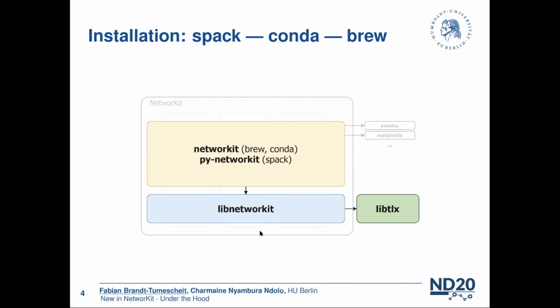So this is the C++ part, dependent on libtlx. Both are automatically installed if you install networkit. You can also do this only for these two lib packages or install only one of them if you need this explicitly. For example, if you want to link libraries or expand the C++ core only or stuff like that.